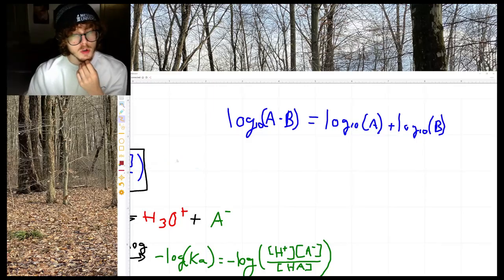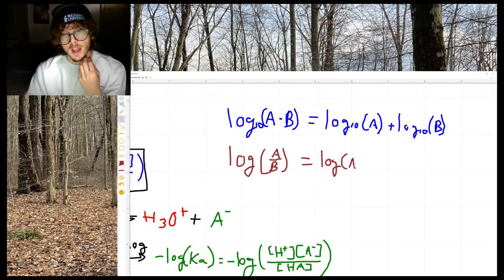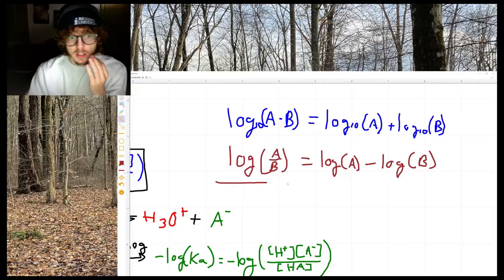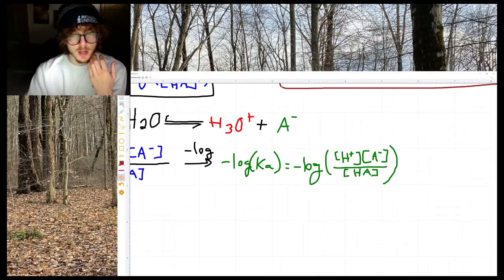The same also works if we wanted to do something with a denominator or a quotient, A divided by B. This would be equal to log of A minus log of B. So these are important properties to understand when we go through our next step in the derivation of the Henderson-Hasselbalch equation.